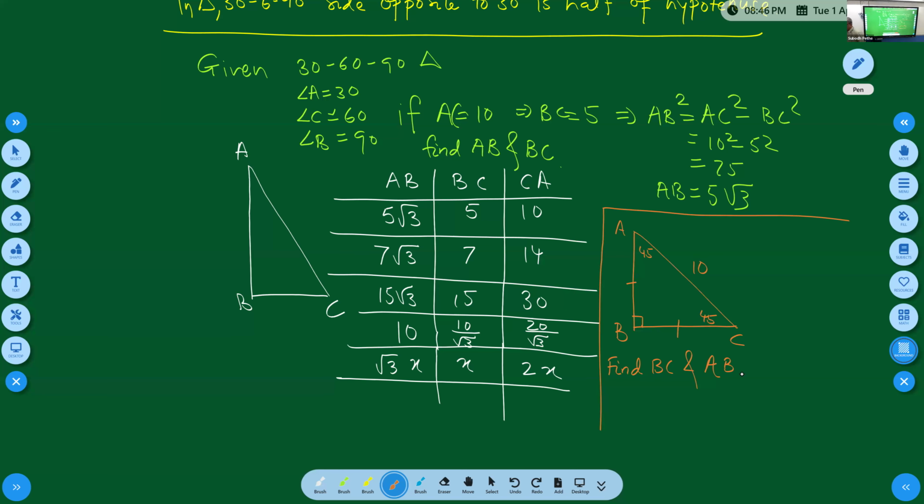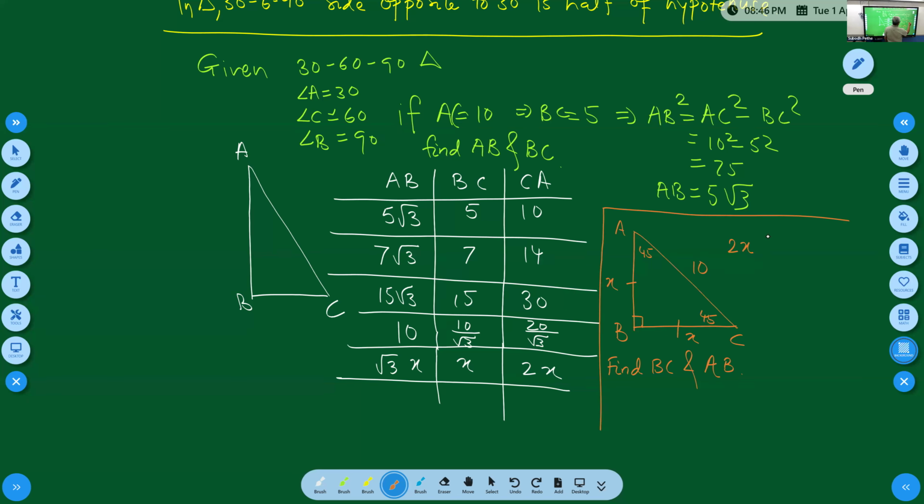Forty-five, 45, 90. If the triangle is 45, 45, 90, and any one of the sides is given, then we can find the remaining two sides. Five by root 2. Suppose this side is x, then this is also going to be x.